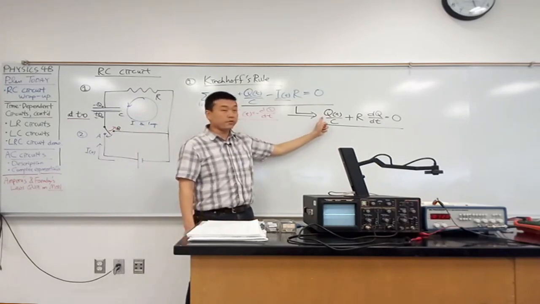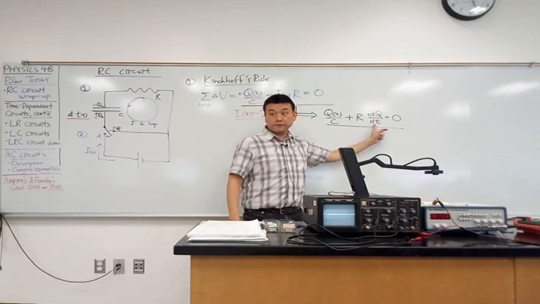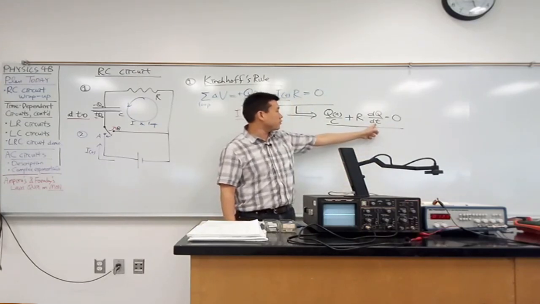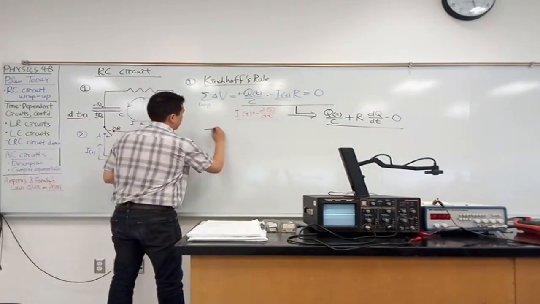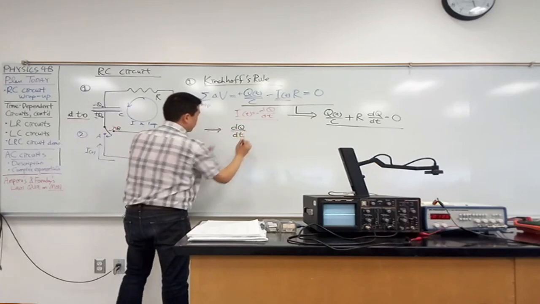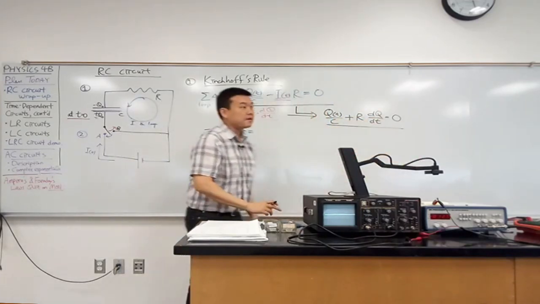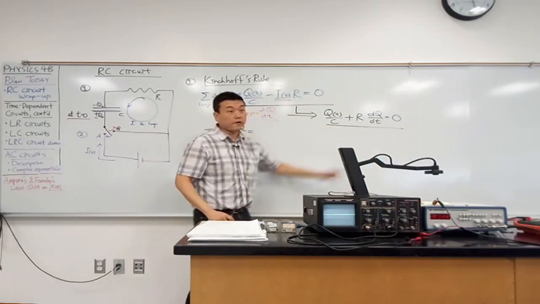This says zeroth order derivative, as in no derivative. This says first order derivative. So I'm going to solve everything in terms of this first order derivative term. Let me write that down: dq dt, first order derivative, is equal to, I move this over to the other side, minus q over c, and then I multiply through by 1 over r.